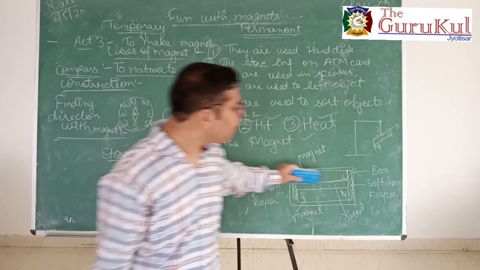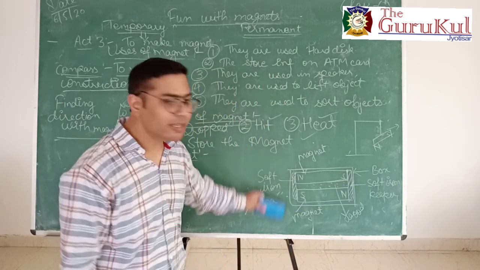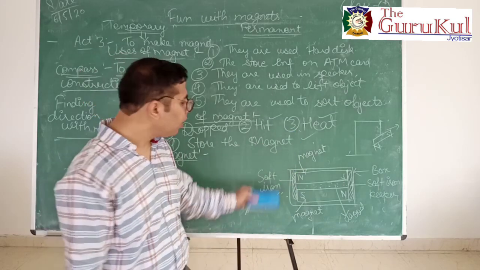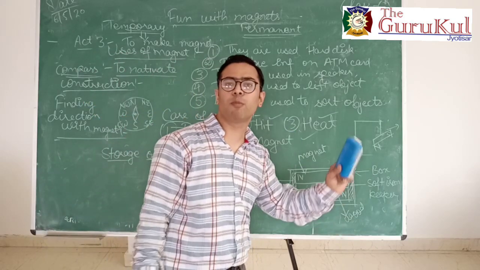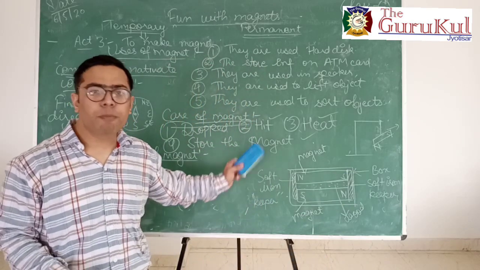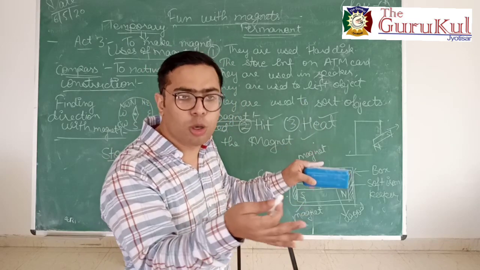Okay, in between the magnets we place a piece of wood, and at the ends or poles of the magnets we place a soft iron strip, and that is known as a keeper. The keeper keeps the magnet at its location.